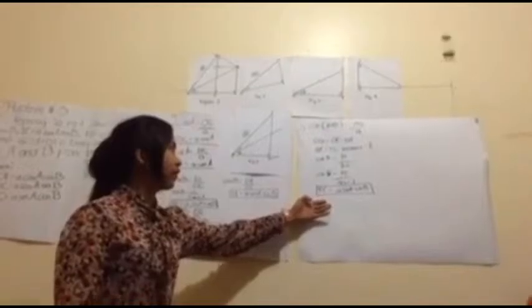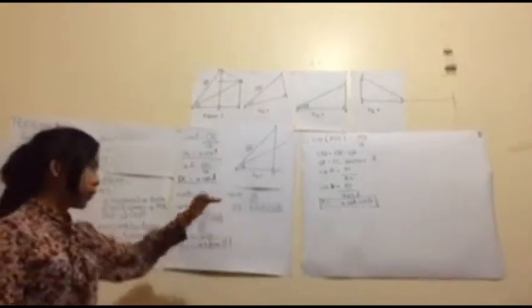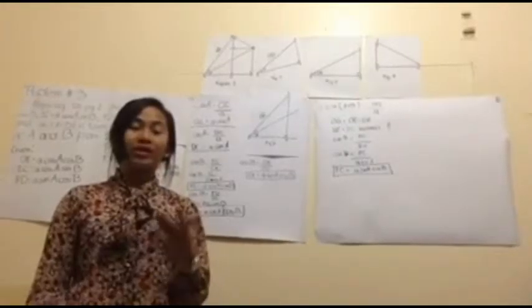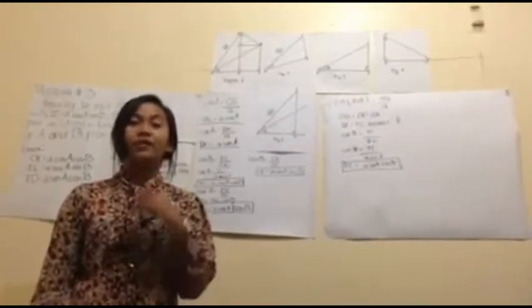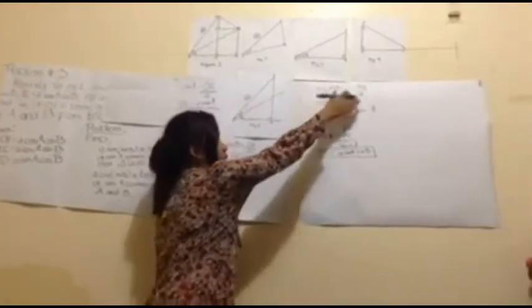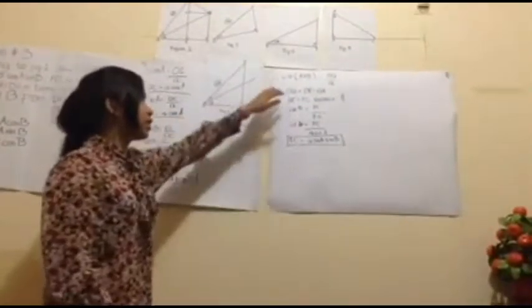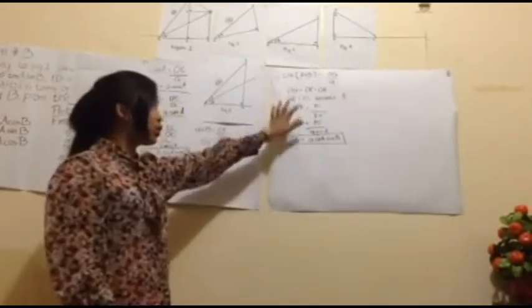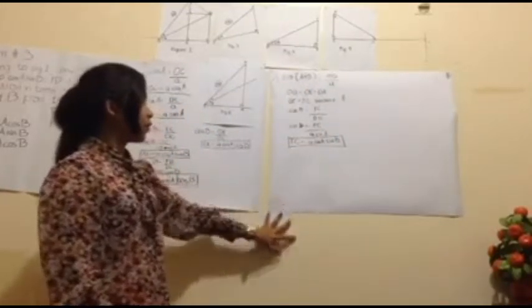Now we already have the value for OE. The next thing that we're going to do is we just have to substitute them. Now, returning to the original formula, cosine A plus B is equal to OG over A, since OG is the difference of OE minus GE.